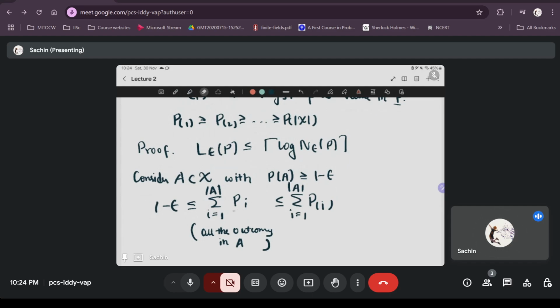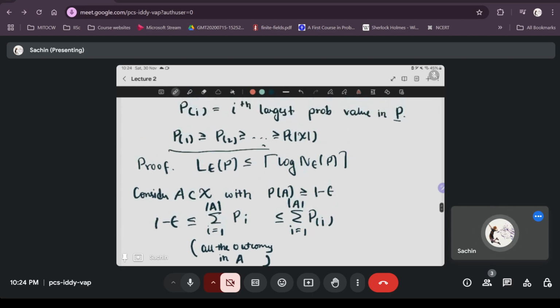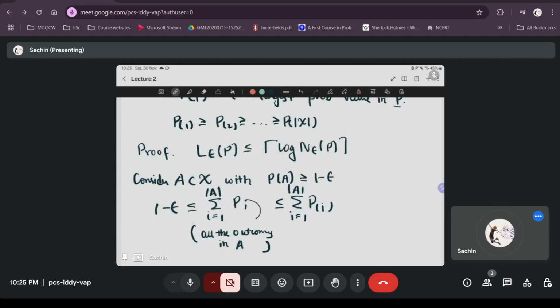Because set A could be any set of outcomes, but when I add the same number of outcomes from this descending order arranged set, the probability will obviously be higher because these are all higher than or equal to the outcomes here. It's obvious that the sum of the same number of terms from some random set A is always less than or equal to the sum of cardinality of A number of terms when you arrange it in descending order.